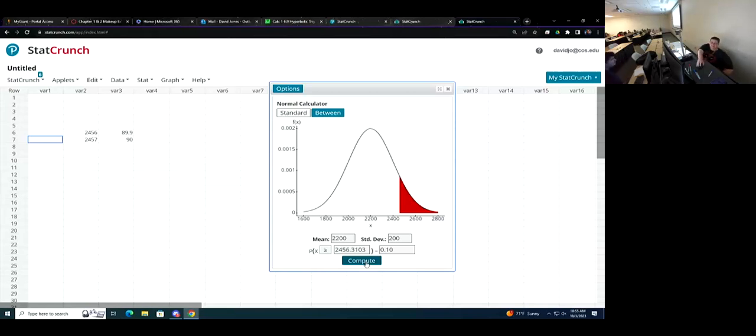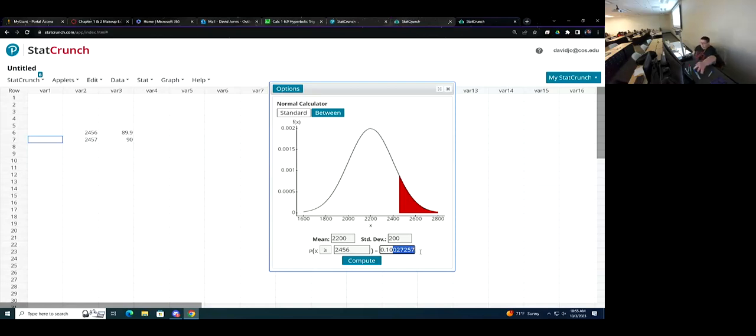But if I go to 2,457 this time, I don't actually get 10%. I get 9.9%. So in this case, I want the 2,456 because it actually gets 10.02%.